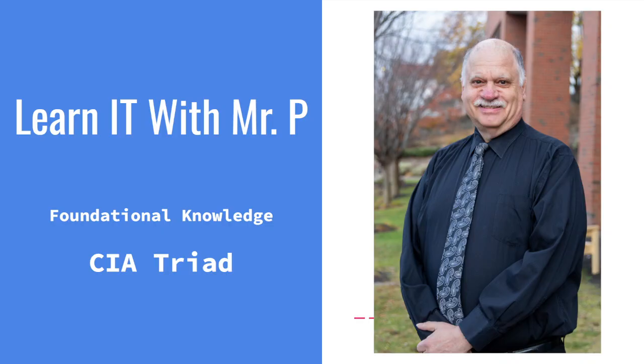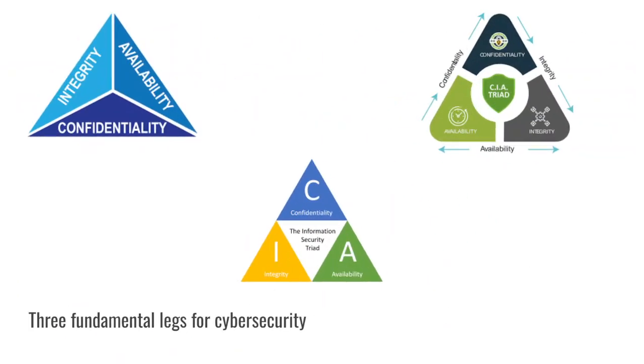Now, we're not talking about military history. We're not talking about the Culinary Institute of America or the Central Intelligence Agency. We're talking about what the CIA Triad means in information technology. The CIA Triad is three fundamental legs of cybersecurity. These involve confidentiality, integrity, and availability.